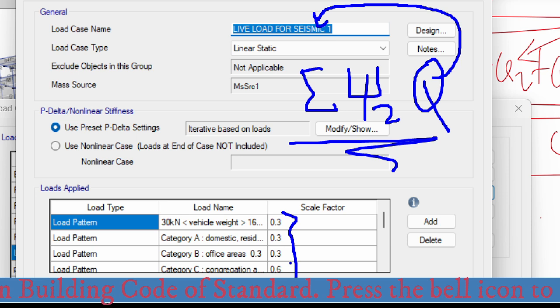So here all those are the combination factor, that is phi 2. Here we are using 0.6 for category C, that is congestion area. Actually category C is not applied for our building. If you apply the congestion live load, then automatically 0.6 will be applied as a reduction factor.